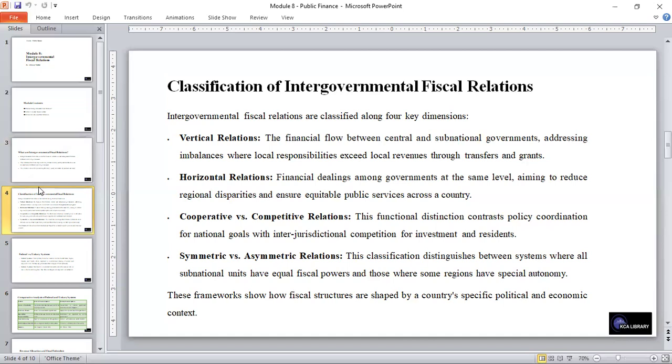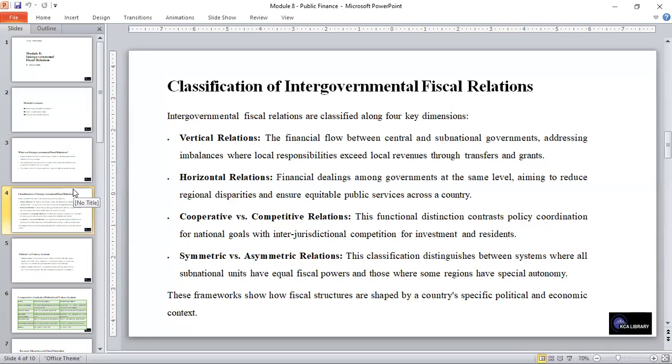As for the horizontal relations, they are financial dealings among governments at the same level, and this aims to reduce regional disparity and ensure equitable public services across a country. For the cooperative versus competitive relation, this functional distinction contrasts policy coordination for national goals with inter-jurisdictional competition for investment and residents.